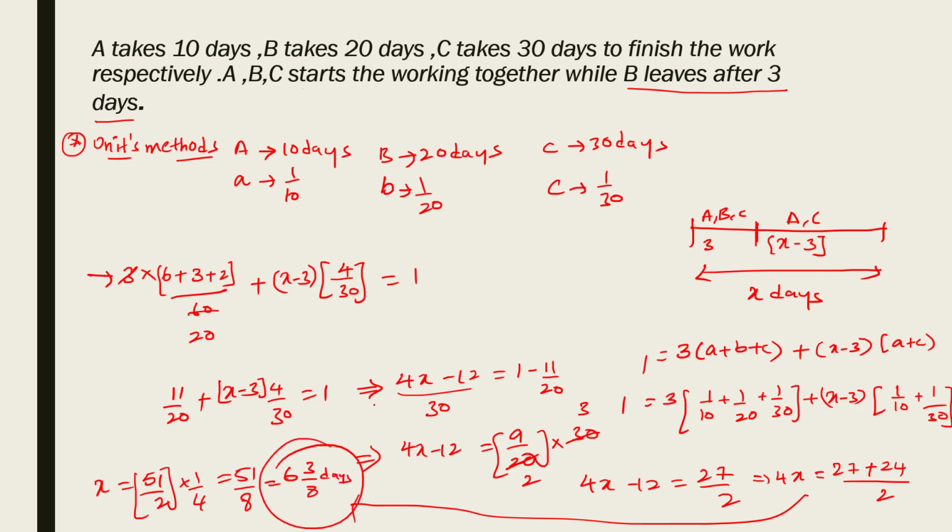So finally, A, B, C start working together and B leaves after 3 days. The time taken for them to finish the work is 6 days 3 by 8th day. So this is the answer.